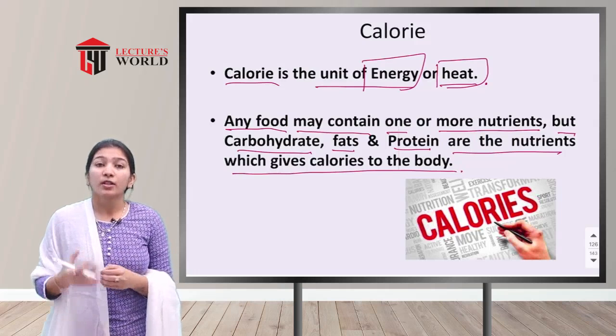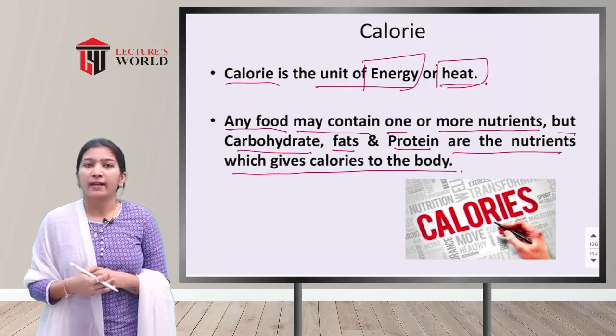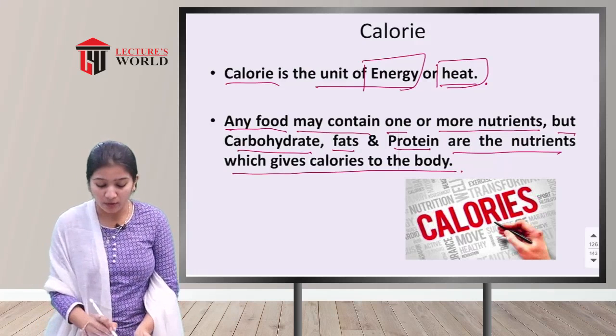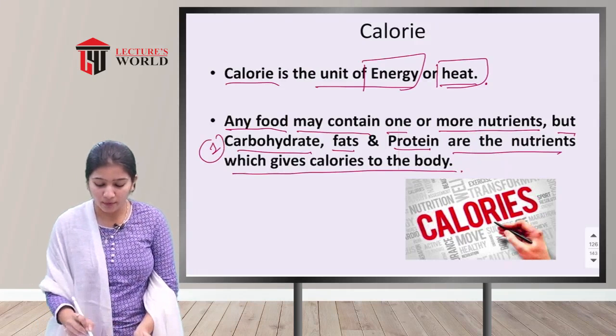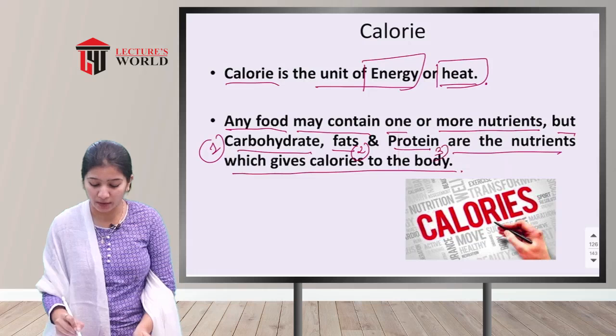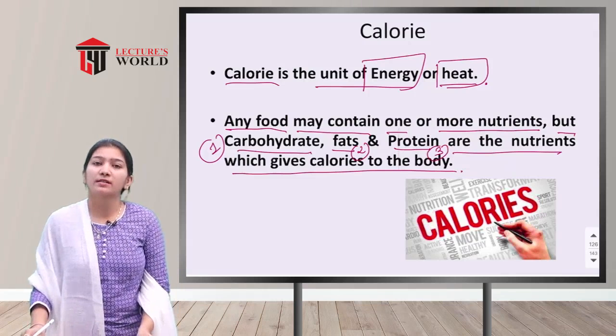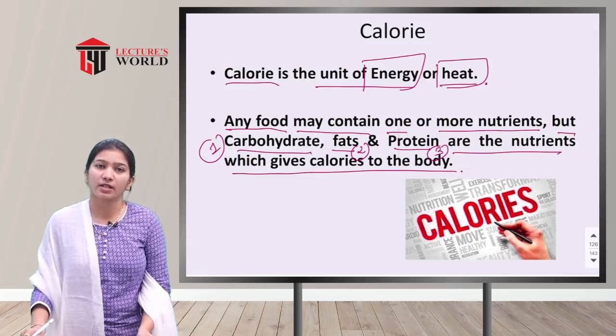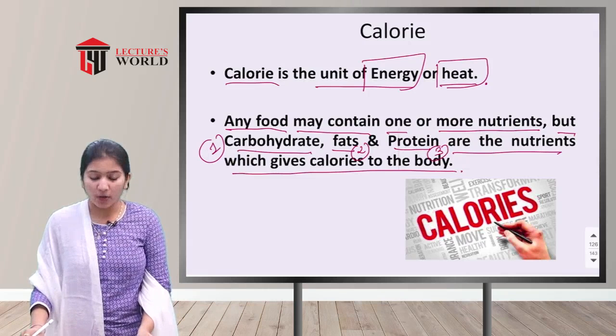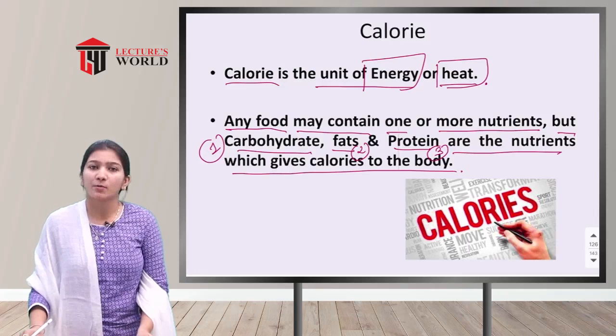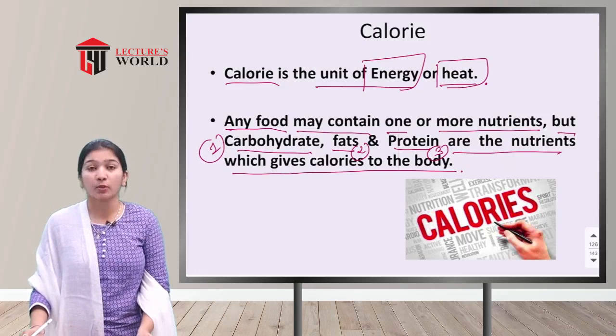So from which nutrients are we getting the energy? From the carbohydrates, from the fats and from the protein. These 3 nutrients are the sources of energy, and that is the calorie. So we get energy in our body from carbohydrate rich food, from protein rich food and from fat rich food.